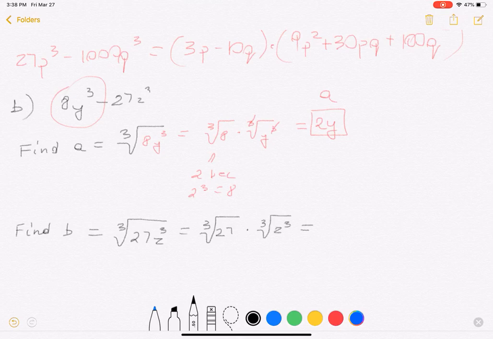Cube root of 27, this is just 3, because 3 to the third power is equal to 27. And cube root of z to the third power will be just z. Again, I mentioned that exponent and index of root, if they are equal, so the solution is just z. So that's B.